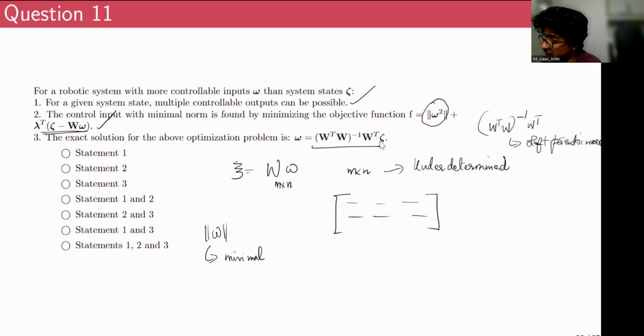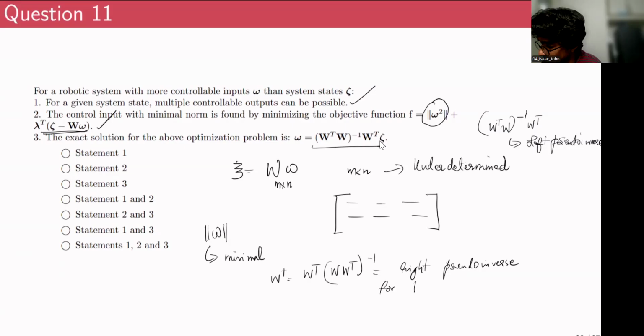And the expression for the right pseudo inverse is W transpose, the whole W W transpose inverse. This is the right pseudo inverse for an underdetermined system.